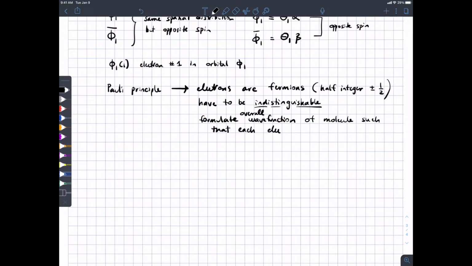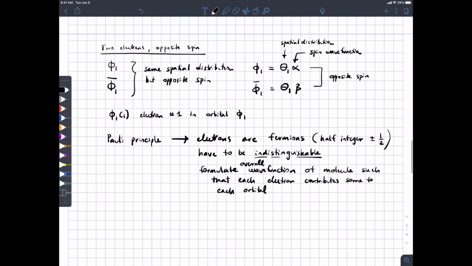We have to formulate the overall wave function of the molecule such that each electron contributes some to each orbital. That's kind of bizarre. What that means is in our molecule with 2 electrons with opposite spin, we can't say which electron is in phi 1 and which is in phi 1 bar. Both electrons contribute evenly to both of those orbitals.